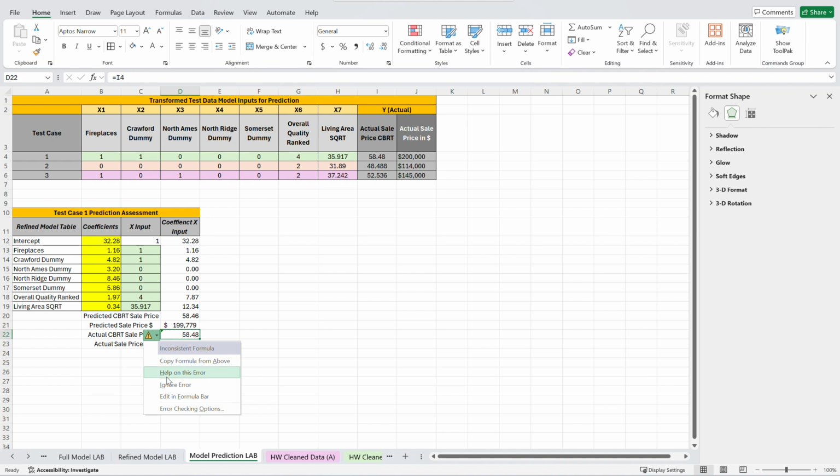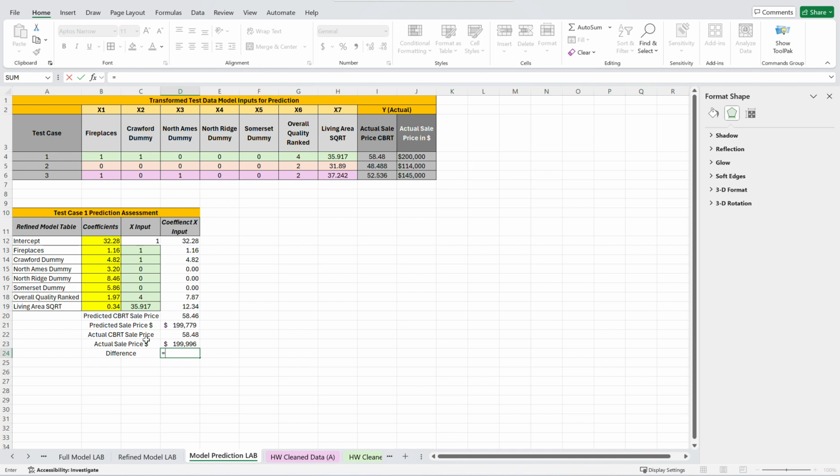We can also ignore this error right here. Okay, so if we want to calculate the difference, then we would do actual minus predicted, and we would see that, I think in the slides it was a $222 difference, $217 difference here. Again, that's just due to this being rounded to 2 decimal places instead of the full number of decimal places that the sale price actually was.